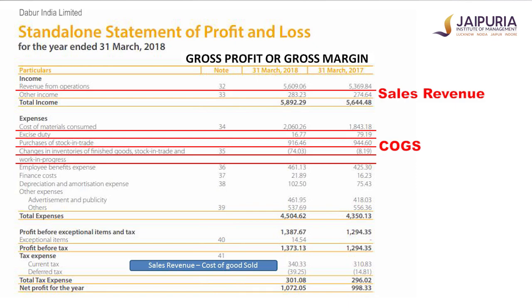It is a part of manufacturing cost or the product cost. Now, what is manufacturing cost? Manufacturing cost per se includes direct material, direct labor and any manufacturing overhead. Computation of COGS is very complex in the case of multi-product or multi-division company.